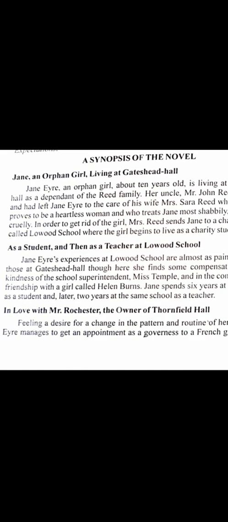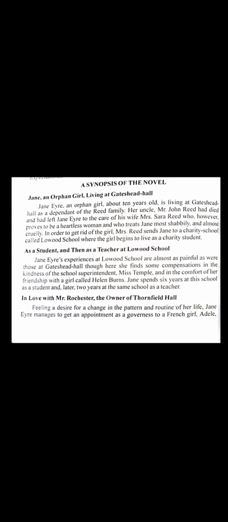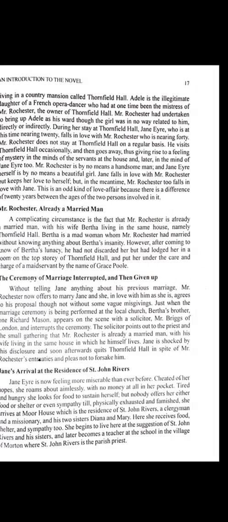So, the third place where she goes is Thornfield Hall, where she falls in love with Mr. Rochester, the owner. Feeling a desire for a change in the pattern and routine of her life, Jane Eyre manages to get an appointment as a governess to a French girl, Adele, living in a country mansion called Thornfield Hall.